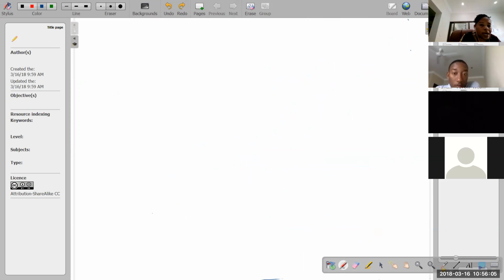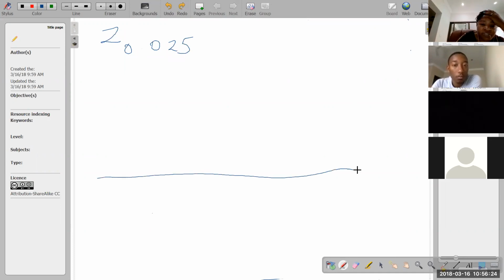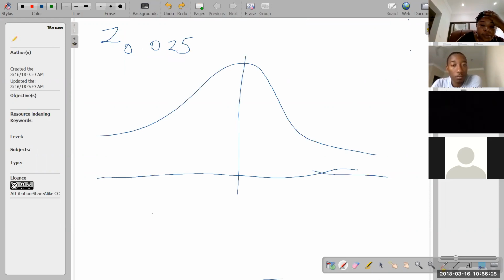The first one is that you're asked to determine Z subscript 0.025. What this means is that if you draw your graph, this is our central point.